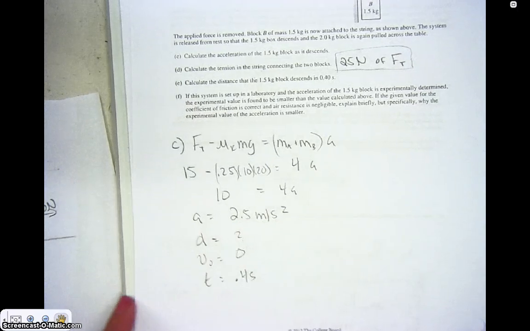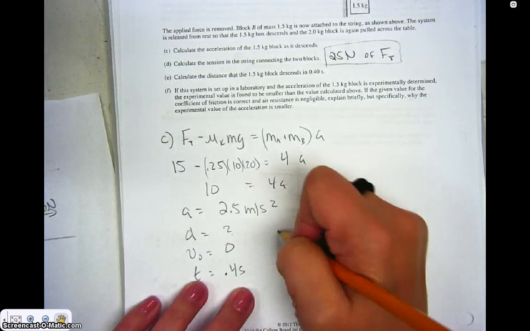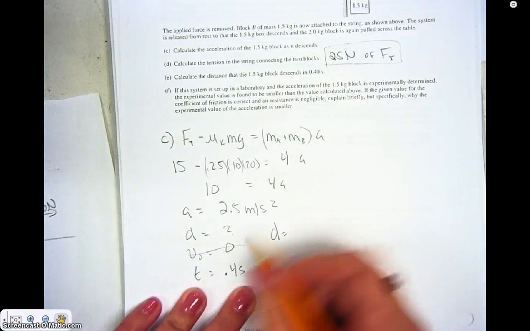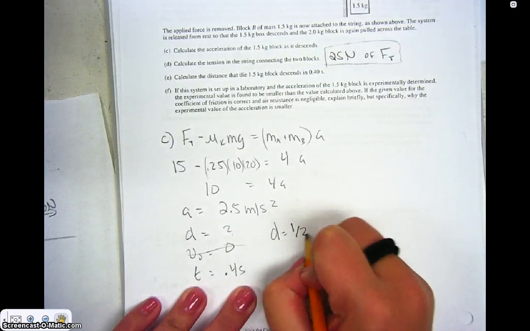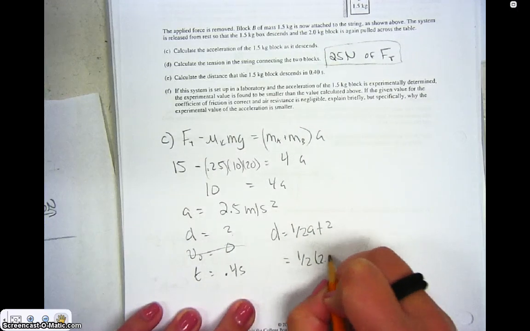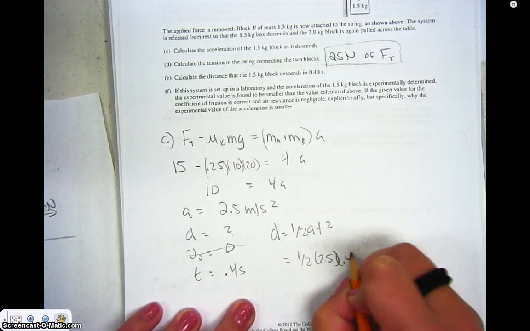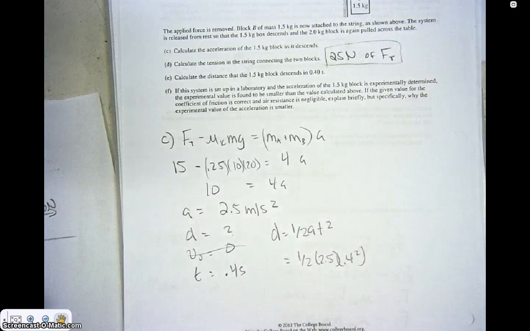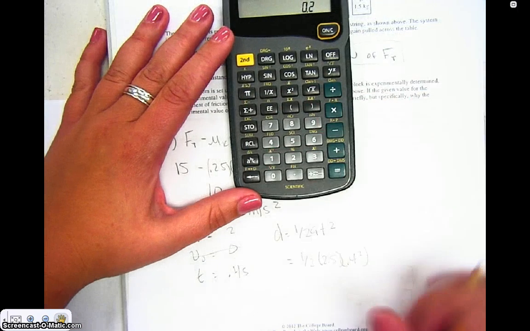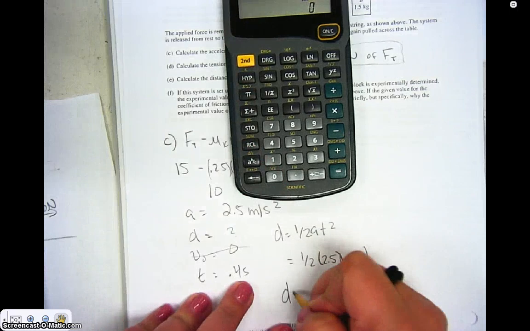So we're just going to use the constant acceleration equation where d is equal to v initial t, but that term will cancel. So it's actually equal to 1/2 a t squared. So 1/2 of 2.5 times 0.4 squared. So 0.4 squared times 1.25 gives me 0.2 meters.